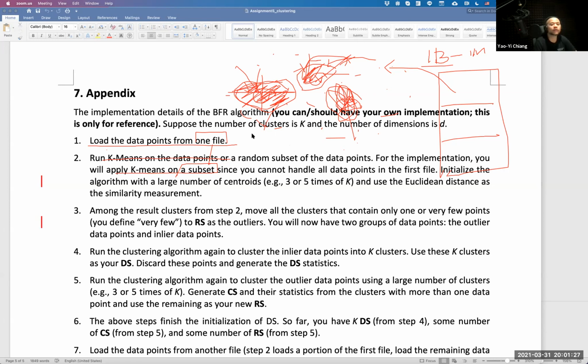So there are many different ways to implement the BFR algorithm. In your homework assignment, we're going to tell you one way to do it, because as you can see, I already told you many different ways. You can use Euclidean distance from a data point to the center. You can consider the structure of the cluster and use Mahalanobis distance. So many different ways. Is that clear?